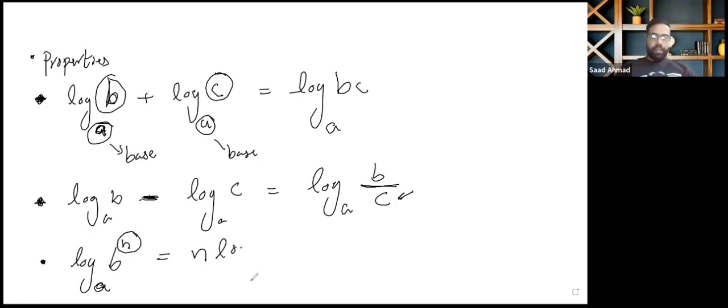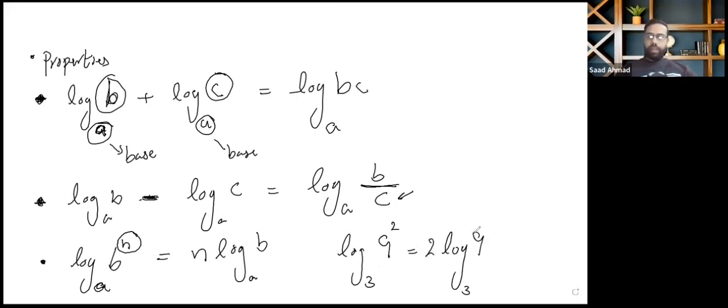For example, if I have log base 3 of 9 to the power 2, I can write it like this: 2 log base 3 of 9. So this power can go at the start, and it works both ways. If it's at the start, you can also write it the other way. It's a two-way thing.